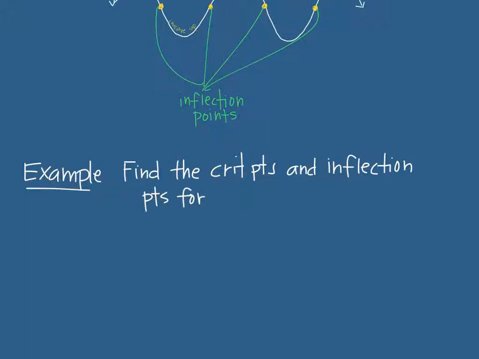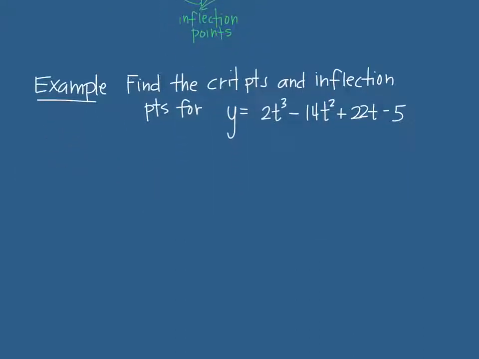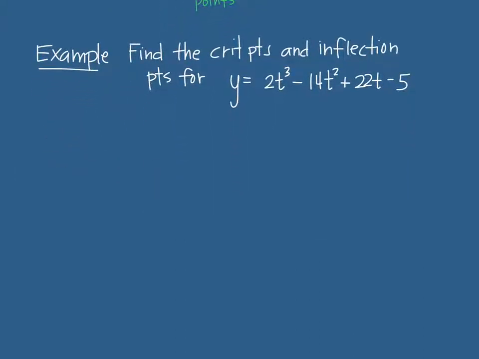The function is y equals 2t cubed minus 14t squared plus 22t minus 5. We want to find the critical points and the inflection points. So we're going to do both the first derivative and our process of setting it equal to 0 and undefined, and the second derivative and the process of setting it equal to 0 and undefined. So you're applying that same process now to both the first and the second derivatives.